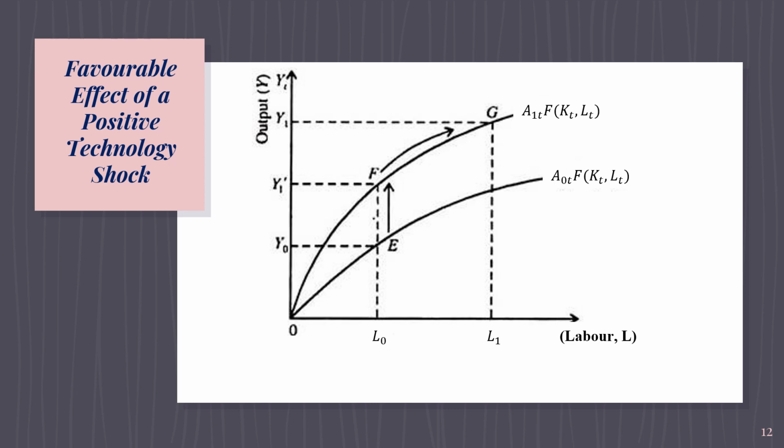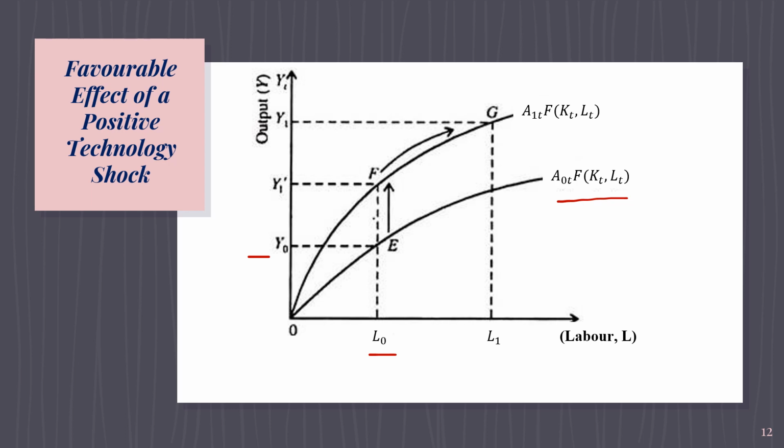Here in this diagram you see this equation represents the initial production function where, as we have discussed earlier, A naught t represents the state of technology at time t. So given this initial production function with the level of labor input L naught, Y naught level of output is produced.